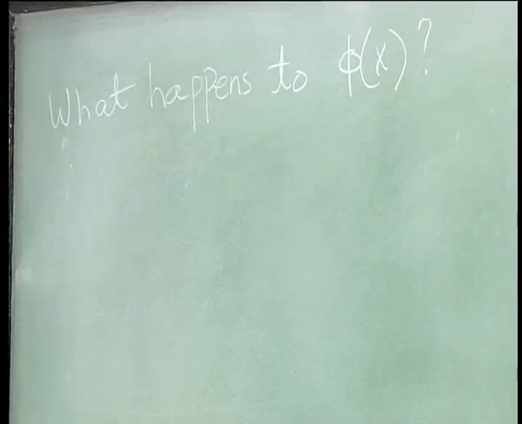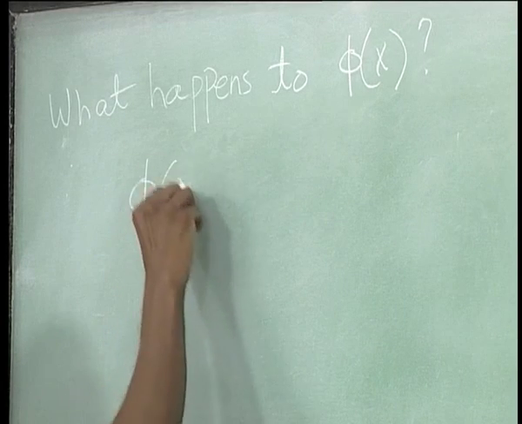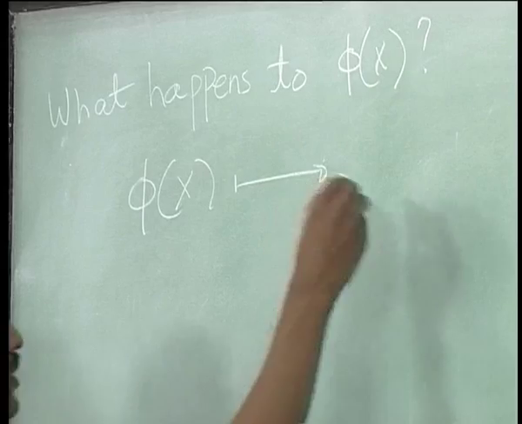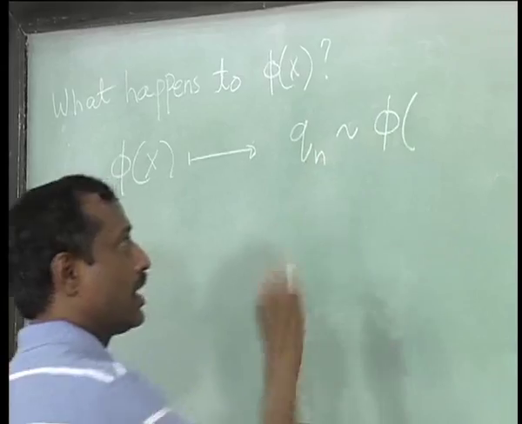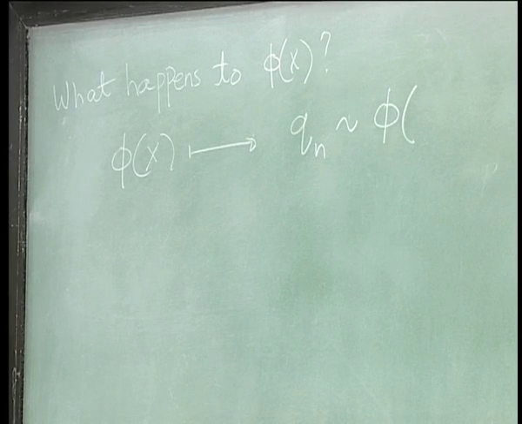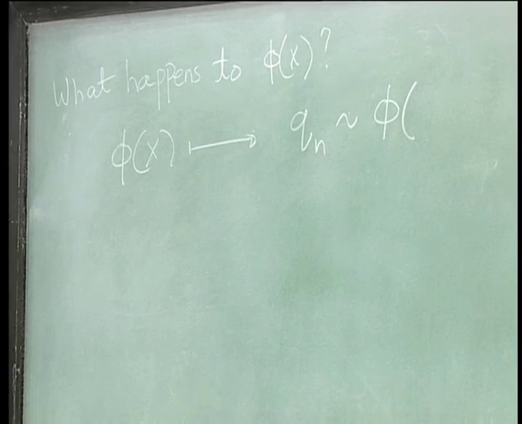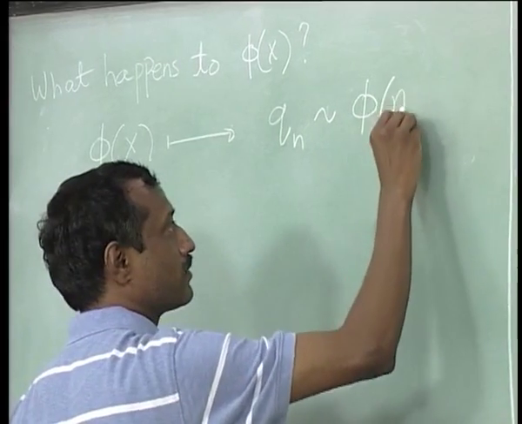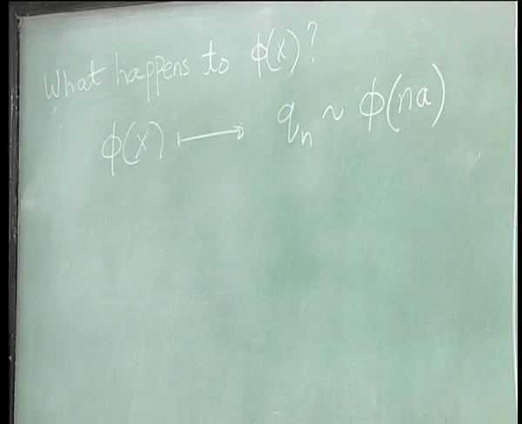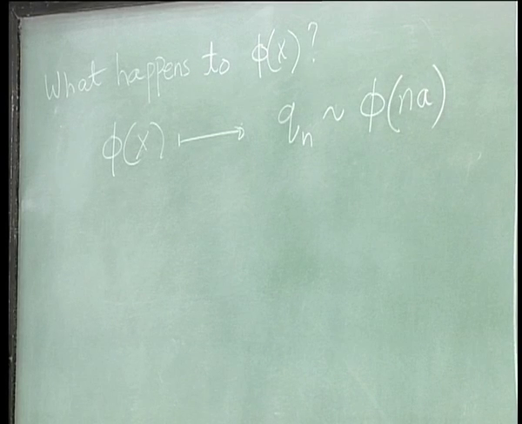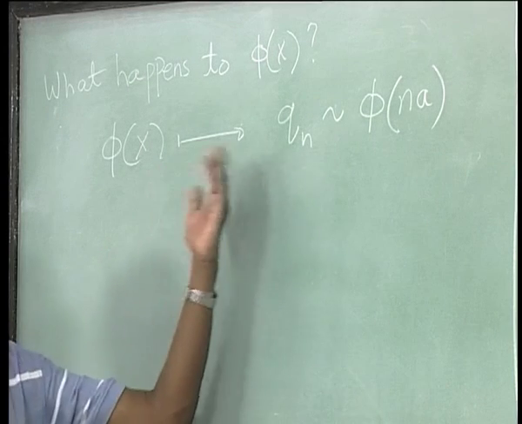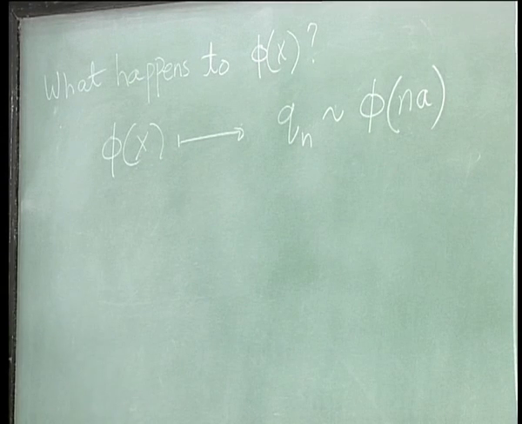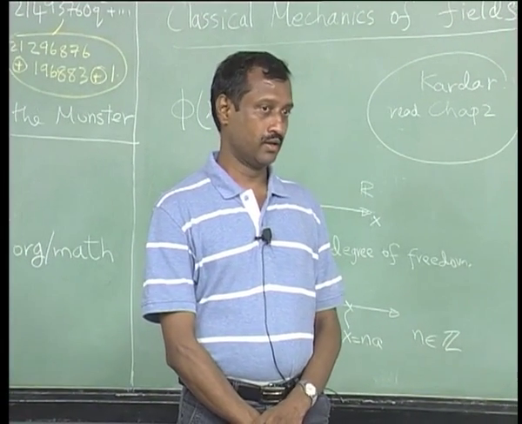We replace phi of x, in the discretization process, by q of n, which should be, morally speaking, I am not using the equal to sign, you will see why, we will put the equal to sign later, the degrees of freedom at n a. So what I have done is to convert the field into a system which looks like a normal classical mechanical system with infinite degrees of freedom.